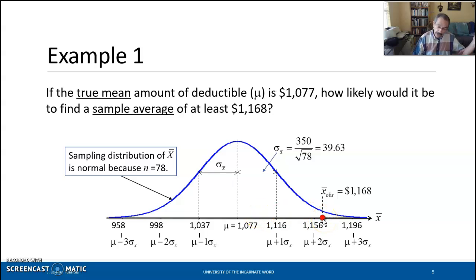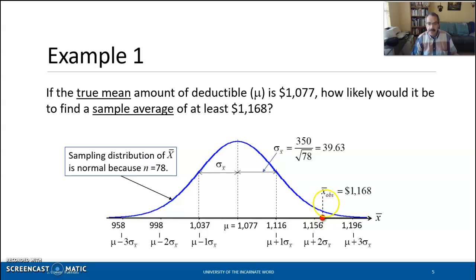If you think back to the empirical rule, then you know that from two standard deviations below the mean to two standard deviations above the mean, you have 95% of the data, and you have only 5% outside that interval. And because this is symmetric about the mean, in the upper half you have a probability of 0.025. So this value is in that range of a probability of 0.025.